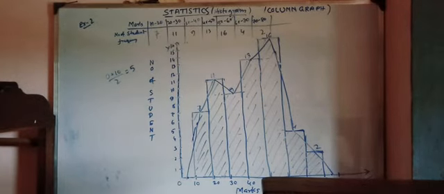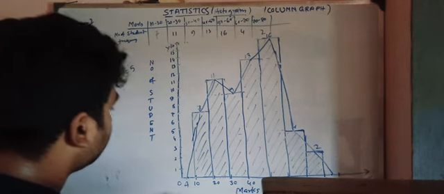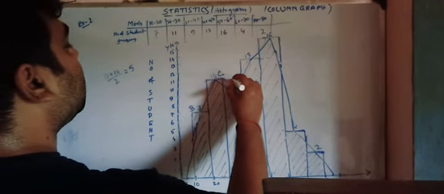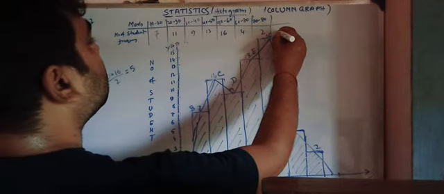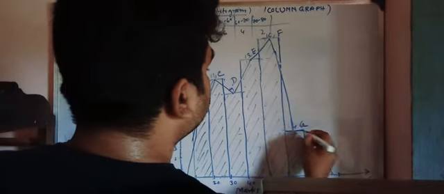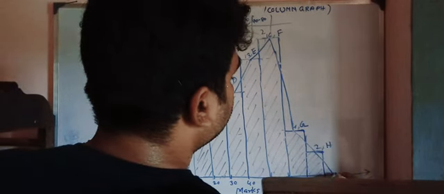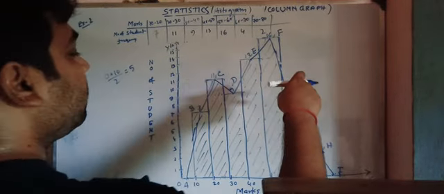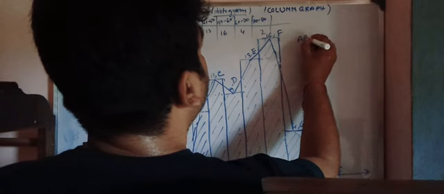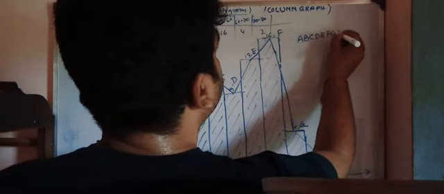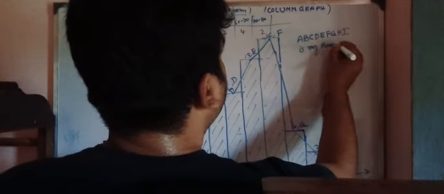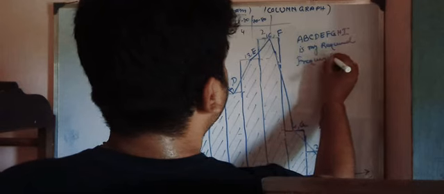So if we name it, here it is A, B, C, D, E, F, G, H, I. A, B, C, D, E, F, G, H, I is my required frequency polygon.